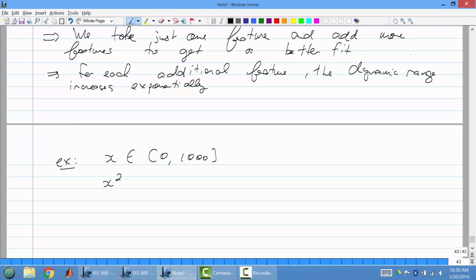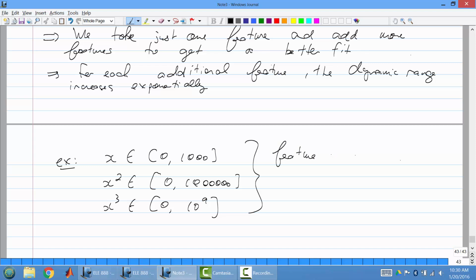If I decide to square each term, this will go from 0 to a million. If I decide to cube everything, it's going to go from 0 to 10 to the 9. So it's important that you feature normalize everything before you decide to train your model. Okay, so feature normalize before training.